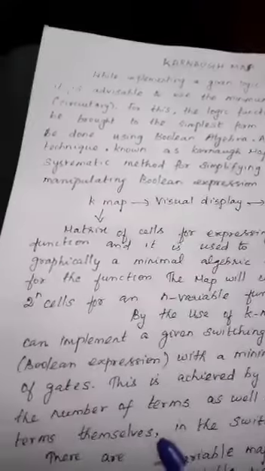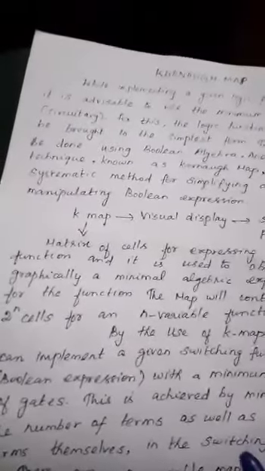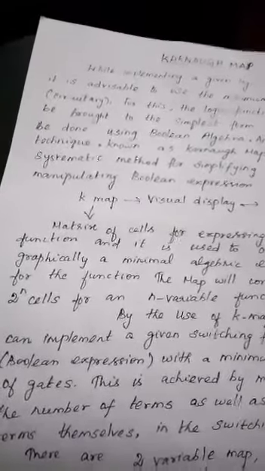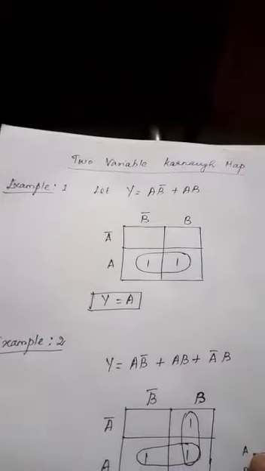This is achieved by minimizing the number of terms as well as the number of variables in the terms of the switching function. There are the 2-variable Karnaugh map, 3-variable Karnaugh map, and also the 4-variable Karnaugh map. So now we are going to see the 2-variable Karnaugh map and how we simplify Boolean expressions with it.